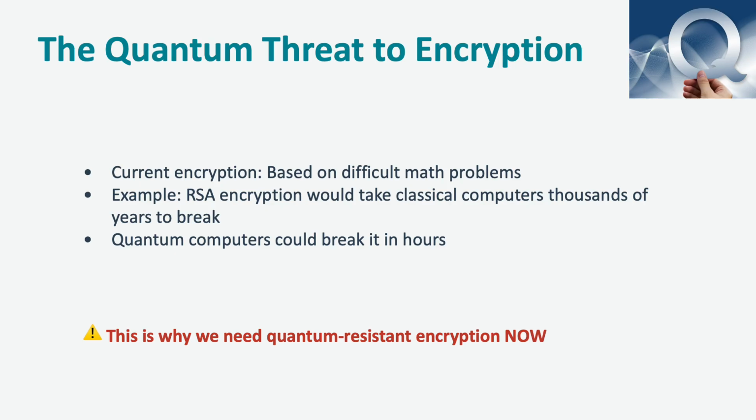While we don't yet have quantum computers powerful enough to run Shor's algorithm on real world encryption keys, experts estimate we might reach that point within 10 to 20 years. This is why governments and organizations worldwide are urgently working to develop and deploy quantum resistant encryption before it is too late.